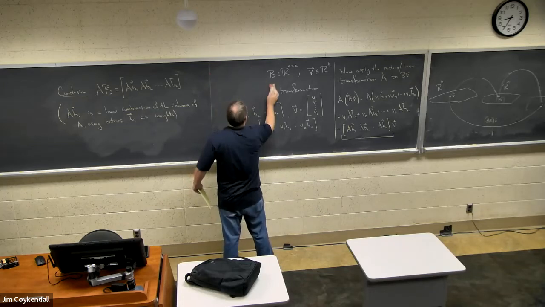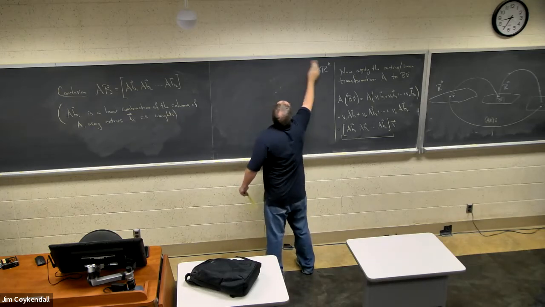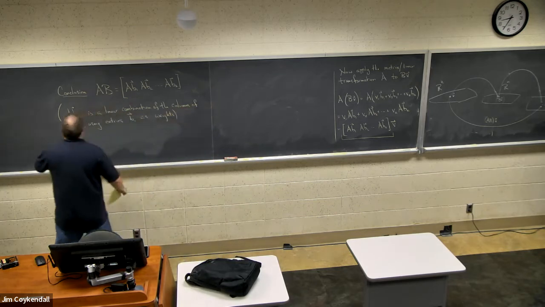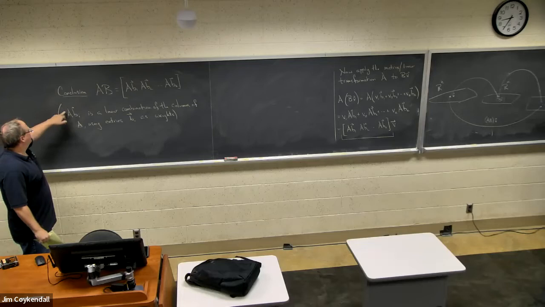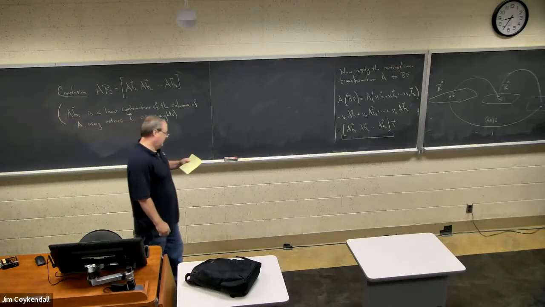So notice this is exactly what we were doing before, because each AB_i is going to be B1 times the first column of A, B2 times the second column of A, and so forth. And you actually get exactly the formula we had before.